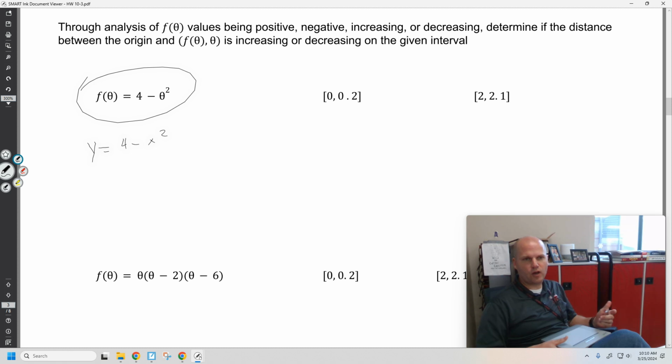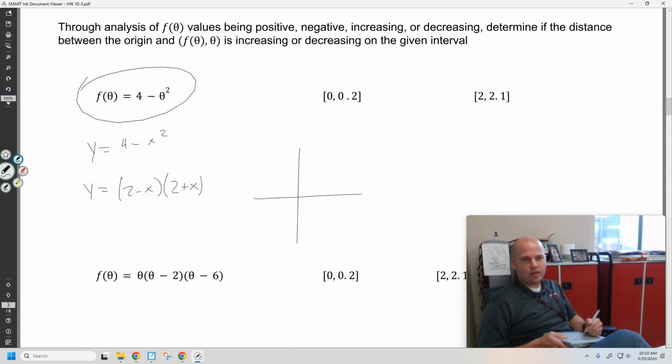It's a polynomial function. Like when you factor polynomials, which you hopefully will do correctly, you kind of understand where the zeros are. Many of you will go straight to the graph and say, okay, 4 minus x squared, it's going to be looking down.